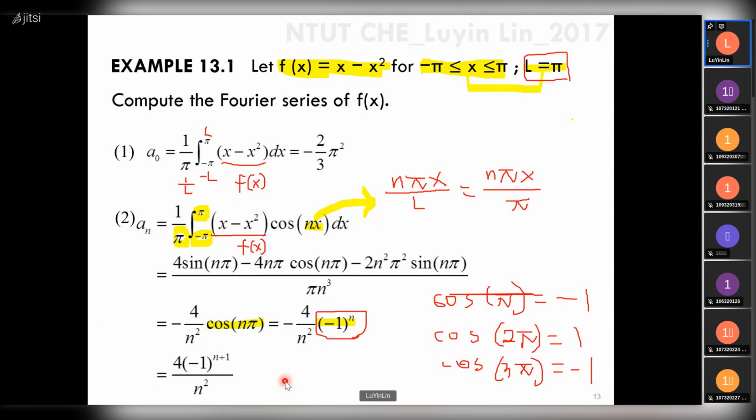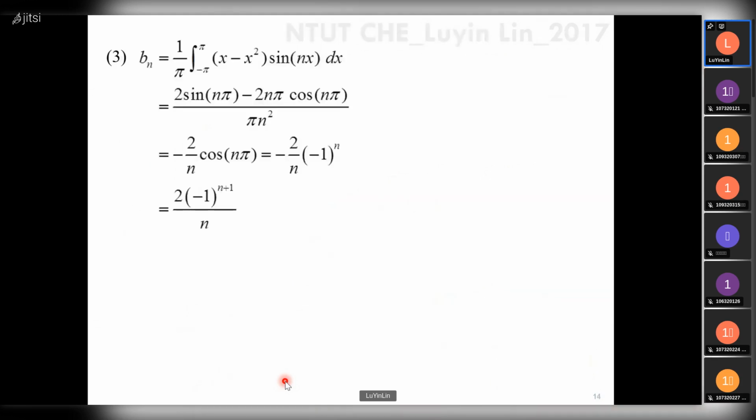Similarly, you can get Bn. Okay, so let's see Bn. For the formula, Bn you have minus L to L and 1 over L here. And for Bn you have to multiply sine.